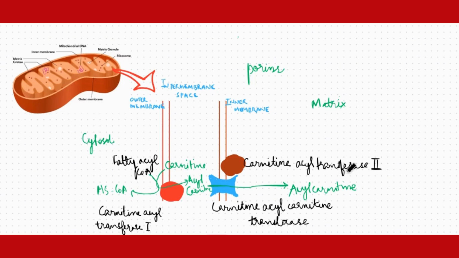Now, carnitine acyl transferase 2 acts upon this acyl carnitine that has been transported from the outside. It releases back the carnitine and adds a CoA group over there.